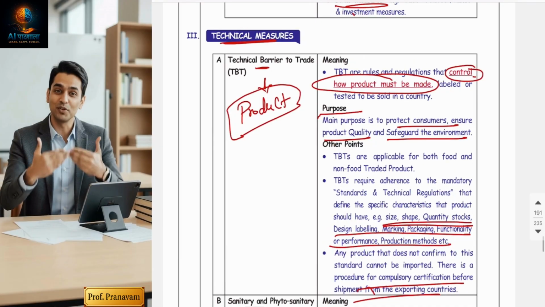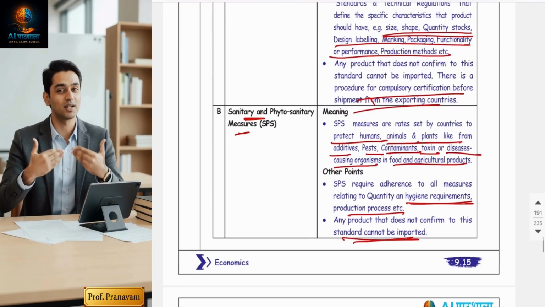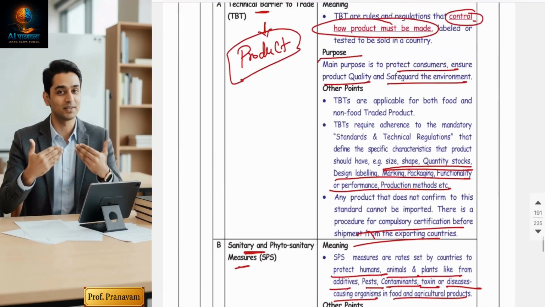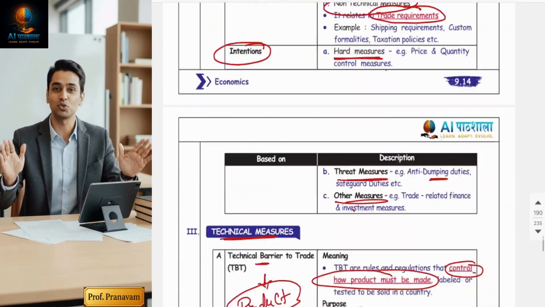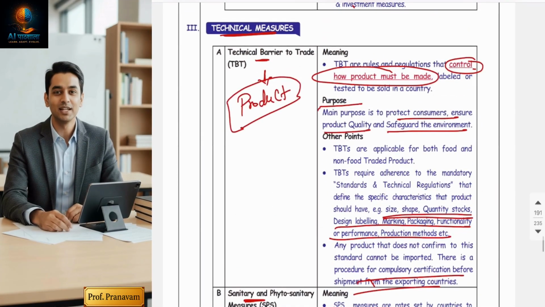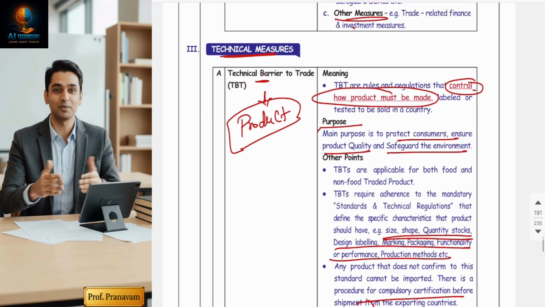So if I say technical measures, there are only two types of technical measures: TBT and sanitary. Did all of you understand? But understand the difference between technical measures and non-technical measures, which we are now getting into. Technical measures are basically related to the products.